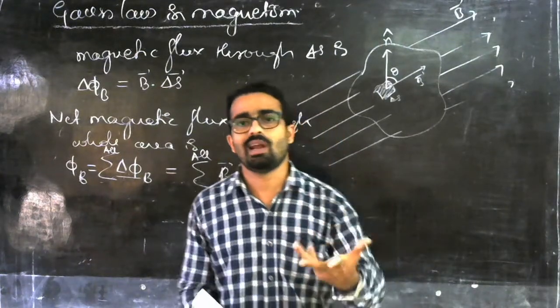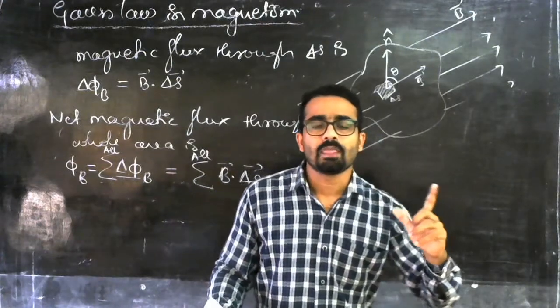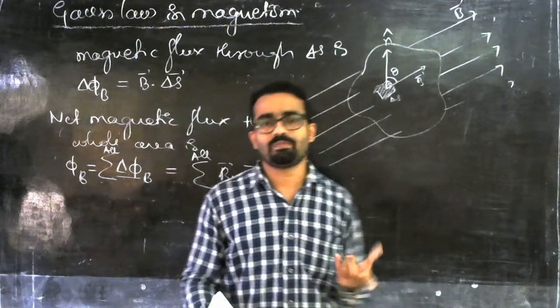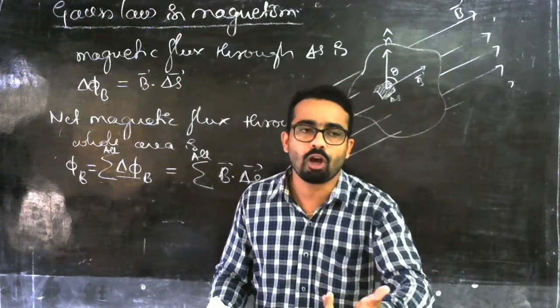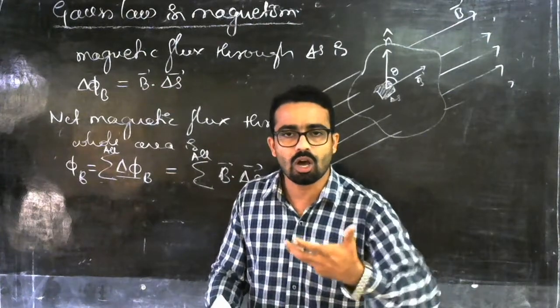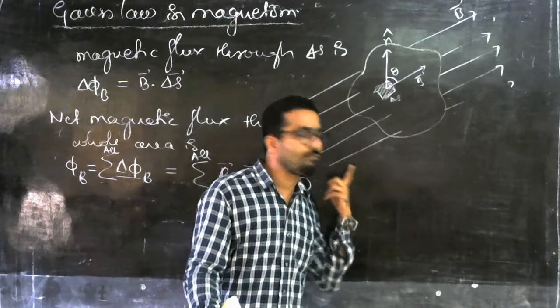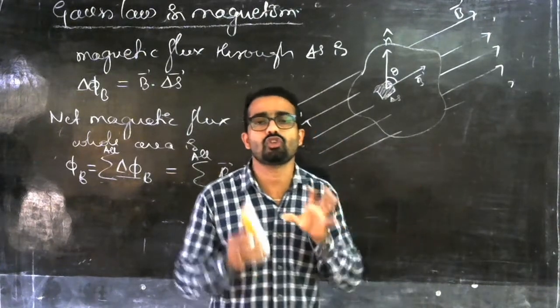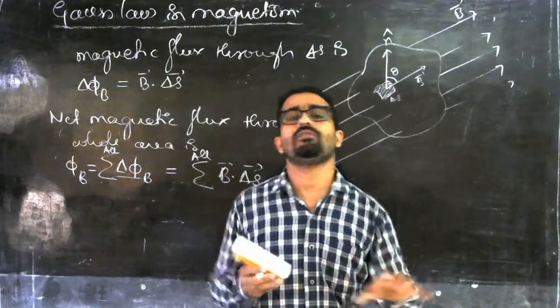There are always dipoles, and the magnetic field lines will form closed loops. There is no starting point, there is no ending point, or I can say there is no source of these magnetic field lines, and no sink of any magnetic field lines. So they will form closed loops. So there is no storing of magnetic field lines in this area.